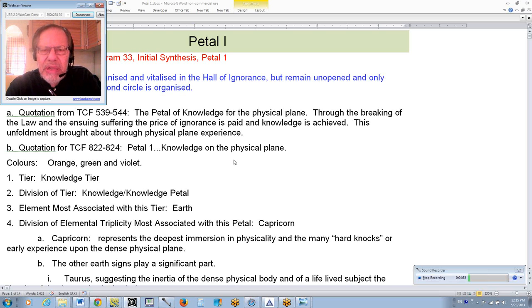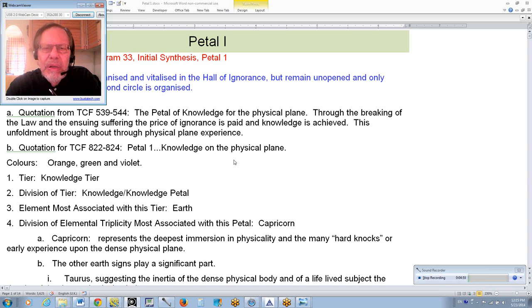So I don't see them going very far into the love tier. I see them perhaps doing some work in the mental tier, and certainly in the Atlantean tier.